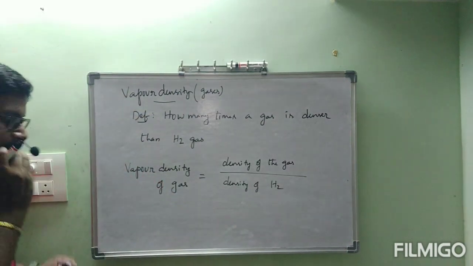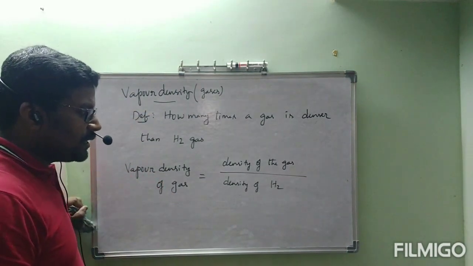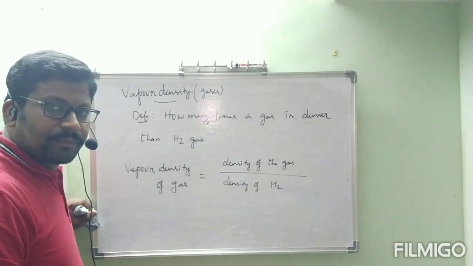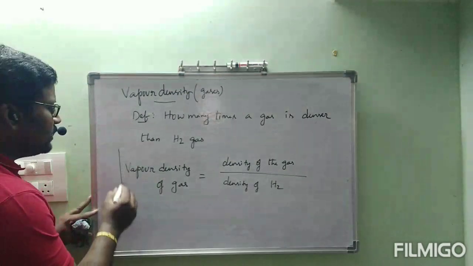Vapor density of gas is equal to density of the gas divided by density of hydrogen. Okay, this is the formula, highly useful.